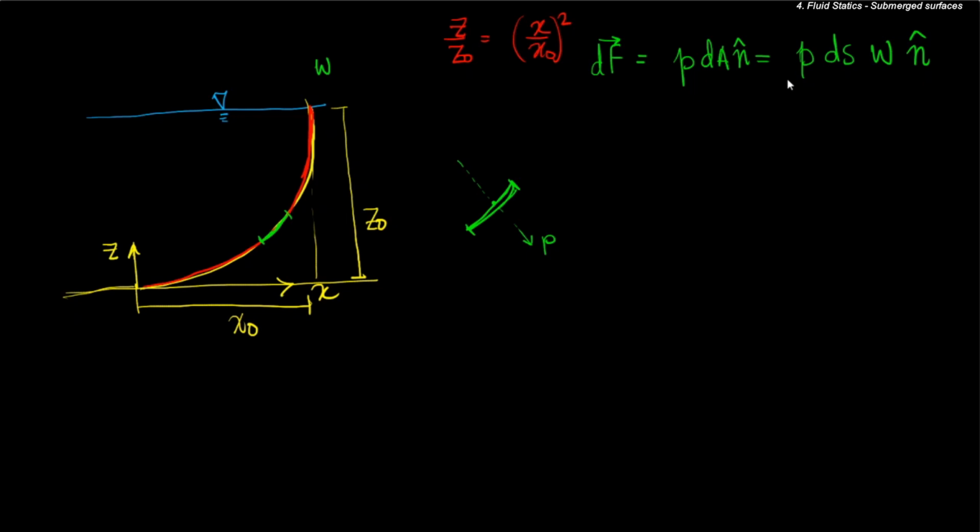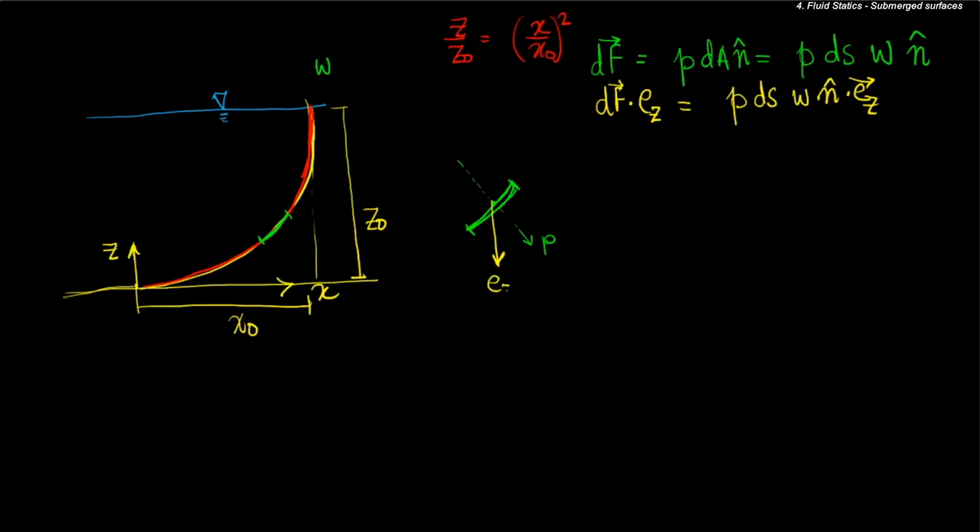So this is the expression for the differential force. Now we want to find out the force in the vertical direction. So we do dF dot ez, and this will be equal to p ds w times n cap dot ez.